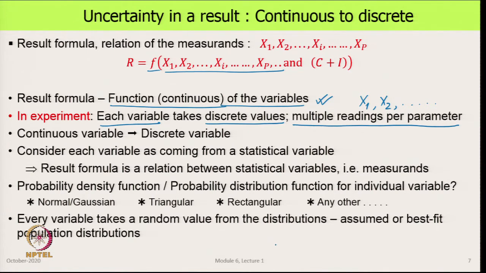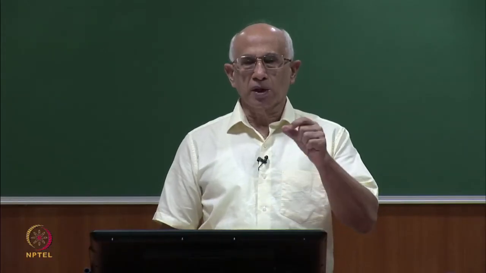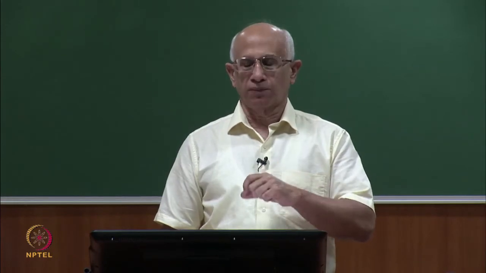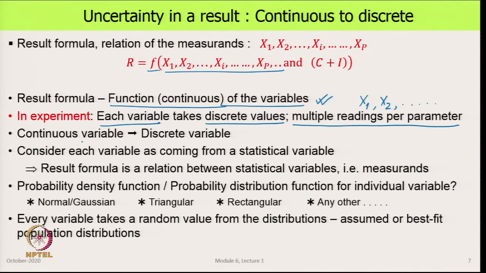So, for instance, if we are seeing the deflection of a spring by putting weights, we are not putting incremental weights at every time to get the exact value of the function, but we are putting discrete amounts of weight and seeing what the deflection is. So, the continuous variable and the continuous function that we had, the variable has now become discrete.